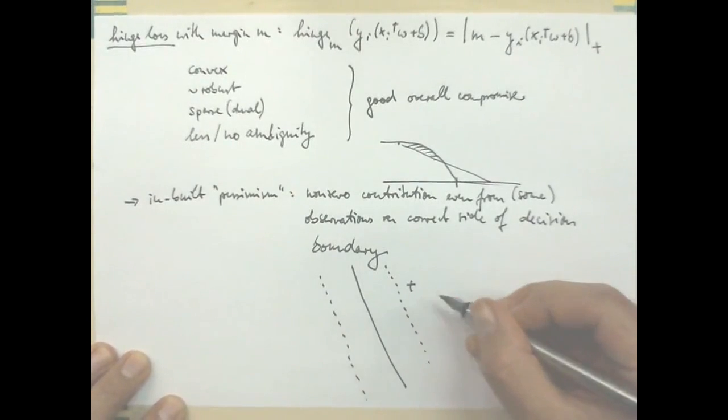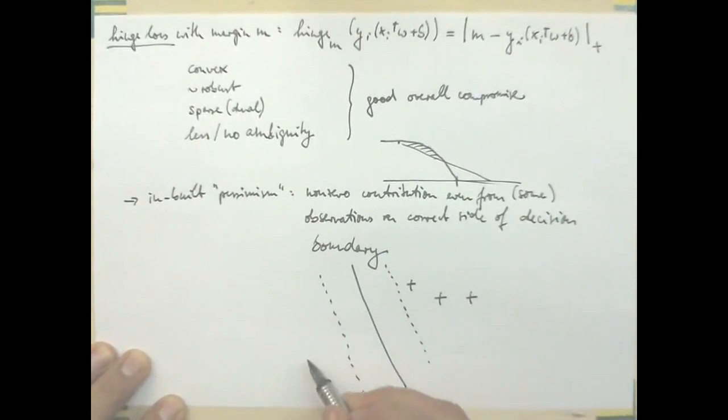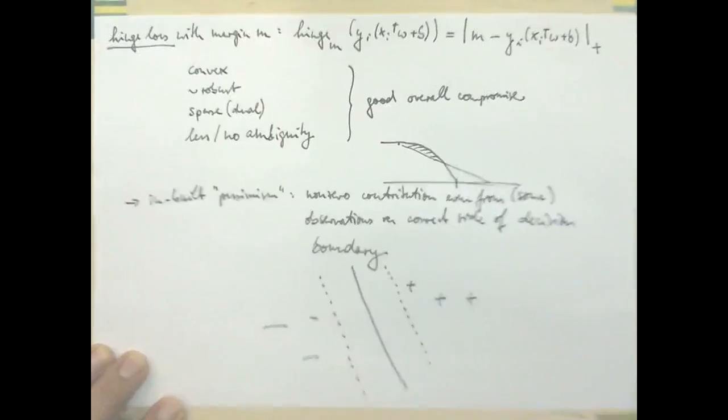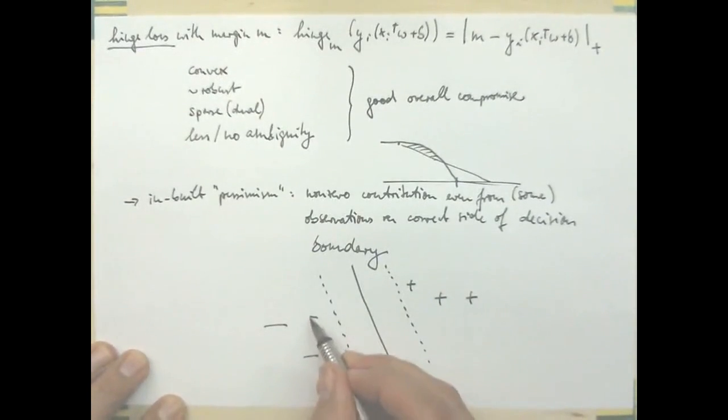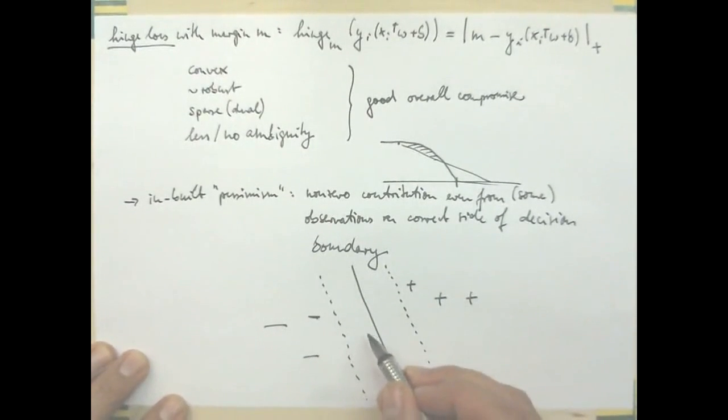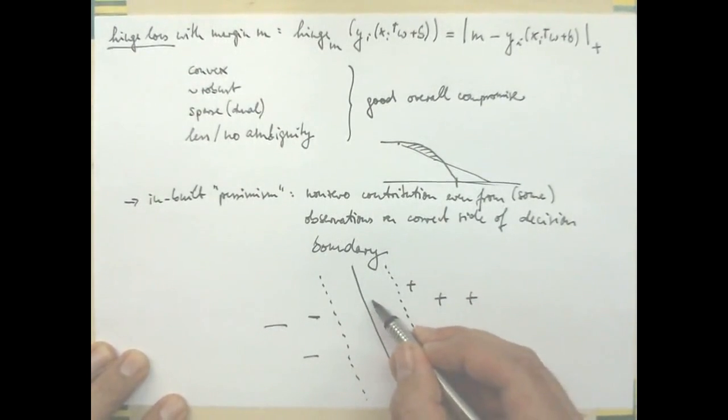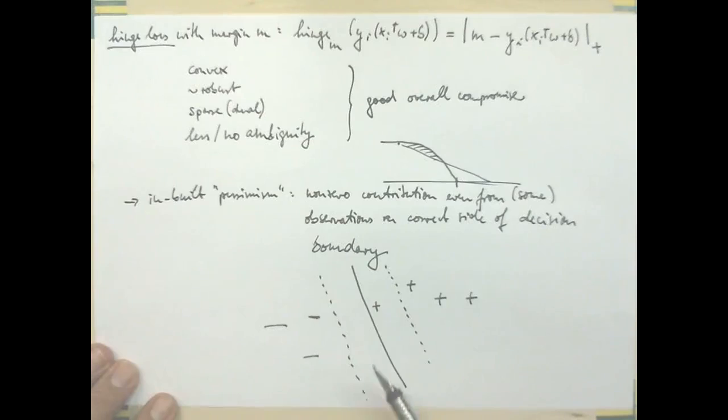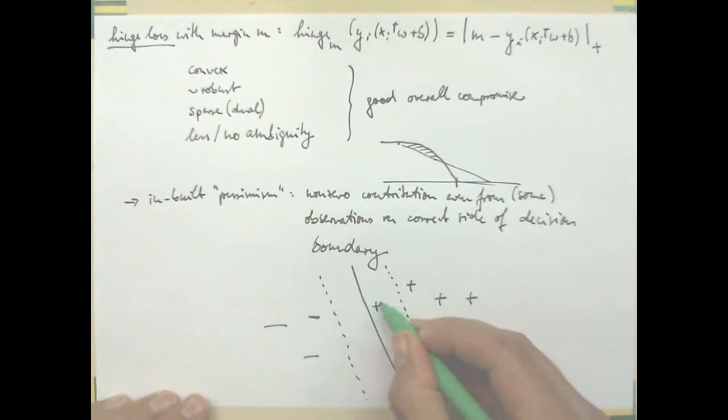So these points out here, they make no contribution to the empirical error at all. But let's consider this sample here. It still lies on the correct side of the decision boundary, and even so, it already starts making a contribution to the empirical error. And this contribution grows linearly with its distance from the margin.